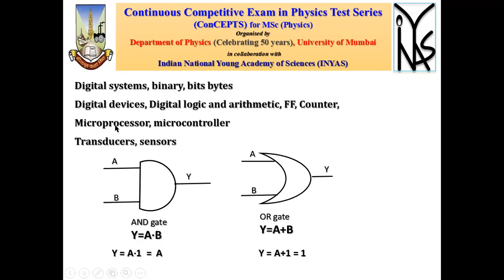So a microprocessor like Pentium has complex instruction sets. So there is a very large number of instructions. And in some of the ARM processors, you will find a reduced instruction set where the complexity of the instruction is managed by the processor itself.